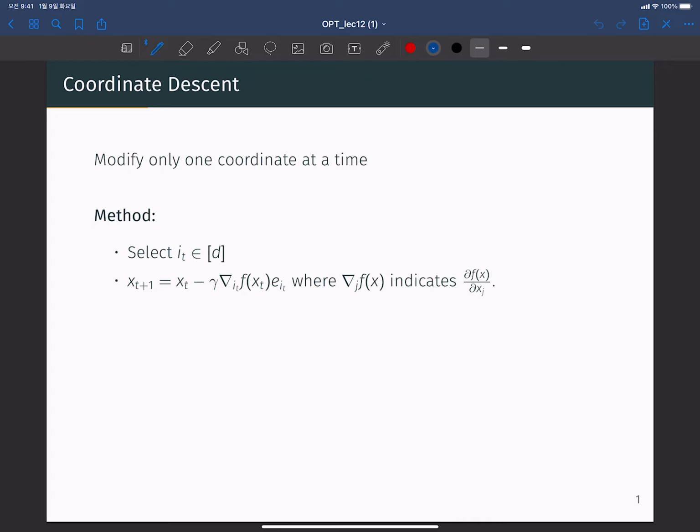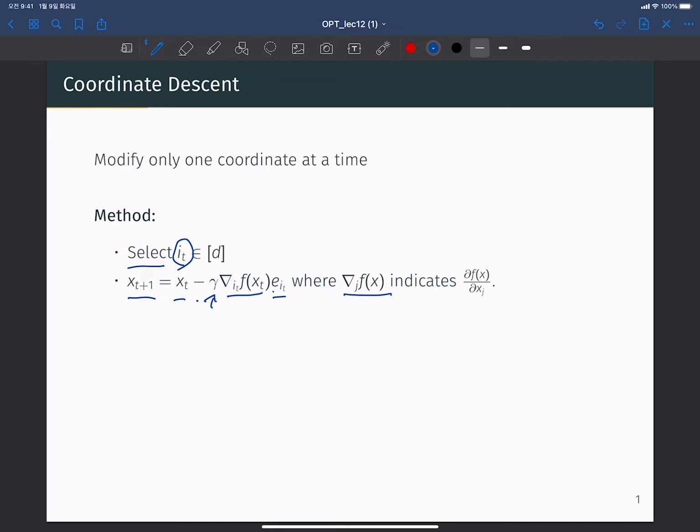At each time, select just one axis among the d-dimensional parameters, and then update your x_{t+1} using just the selected coordinate. So x_t minus the step size gamma times the partial derivative with respect to the selected coordinate i_t, times the unit vector e_{i_t}.